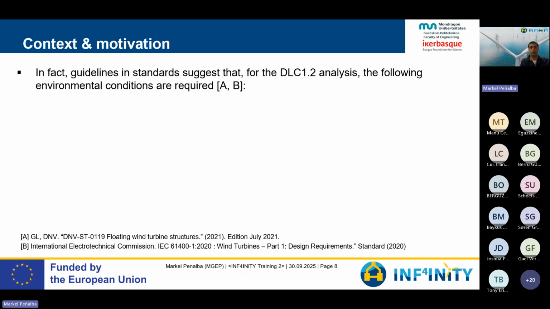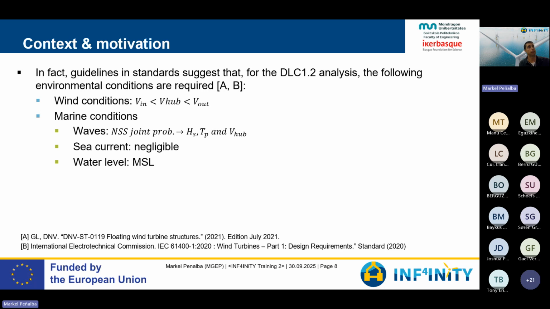So some guidelines already suggest for the DLCs that for the DLC 1.2, the fatigue analysis, we need to cover the whole operational wind conditions from the cut-in to the cut-out, all the marine conditions, including weights that suggest the normal sea state joint probabilities, so significant wave heights, peak periods, and even wind, right?